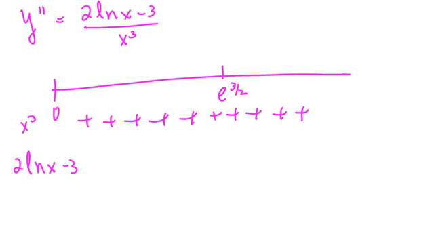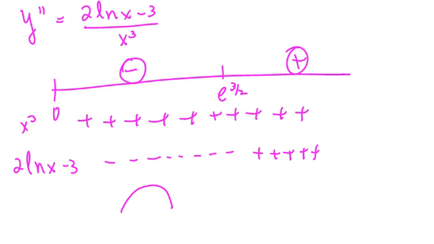It's going to be larger on the right side of e to the 3 halves and negative on this side, which means its second derivative is negative here and positive here. So it's concave down on this side of e to the 3 halves and concave up here, and that means there is an inflection point at e to the 3 halves.